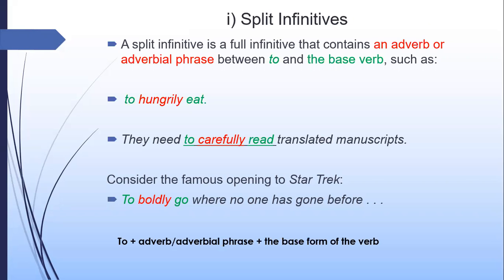Split is giving you an idea that after to, we are not directly using the verb's first form. Rather than this, we are going to use any adverb or adverbial phrase in between to and the verb's first form. In that situation, the infinitive which we will find will be considered a split infinitive.